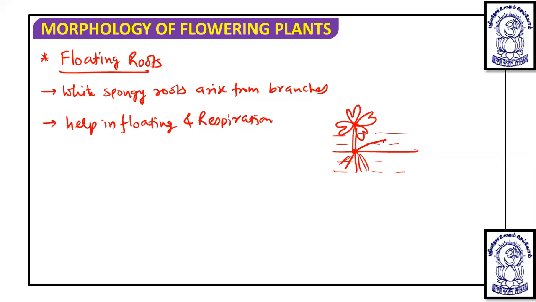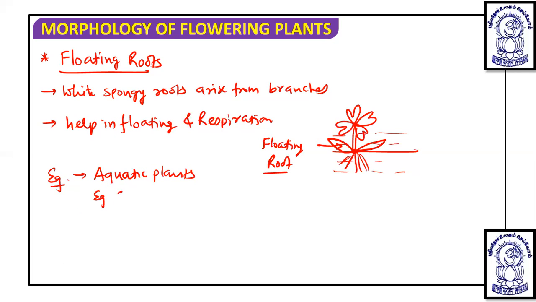Here you will see this particular branch develops into white spongy roots, and these roots are known as floating roots, which help in buoyancy, in floating, and in respiration. These are seen in aquatic plants, and an example of such an aquatic plant is Jussiaea. So these are the floating roots.